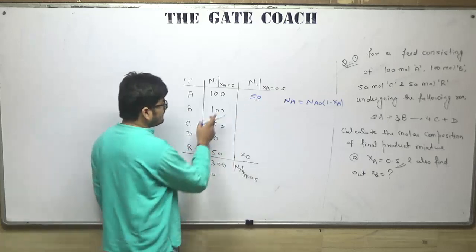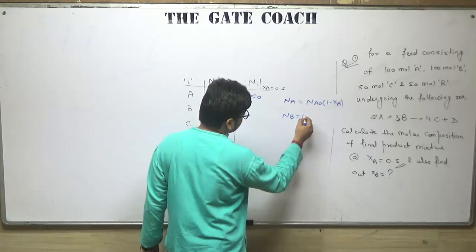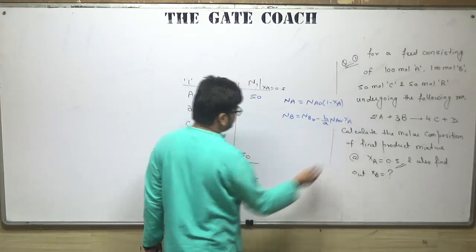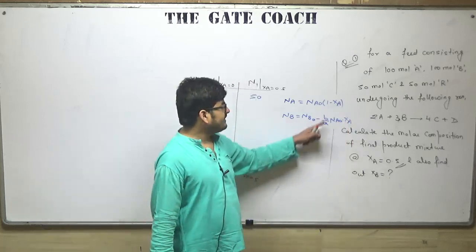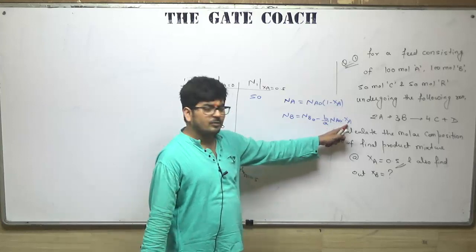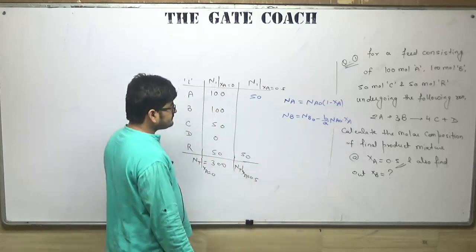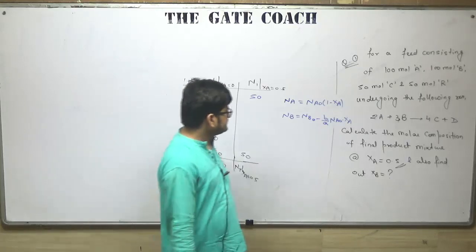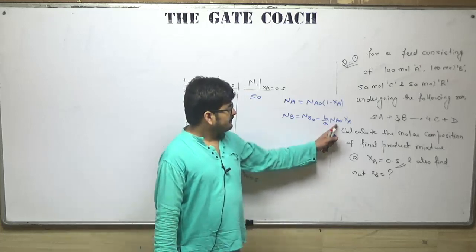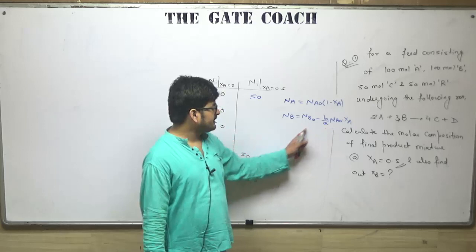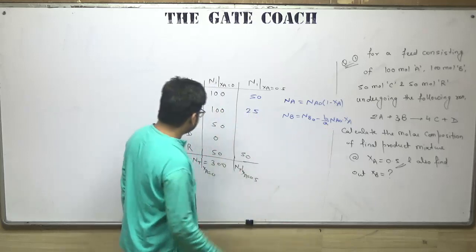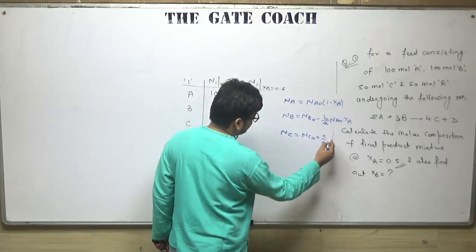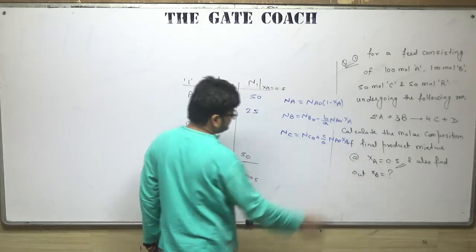B, you know that Nb is equal to NB naught minus B by A times NA naught into XA. NB naught is 100, B by A is 3 by 2, into 100 into 0.5. So what will be NB? 50 into 3, 150, so 100 minus 150... NB is 125. NC will be NC naught plus C by A times NA naught into XA.